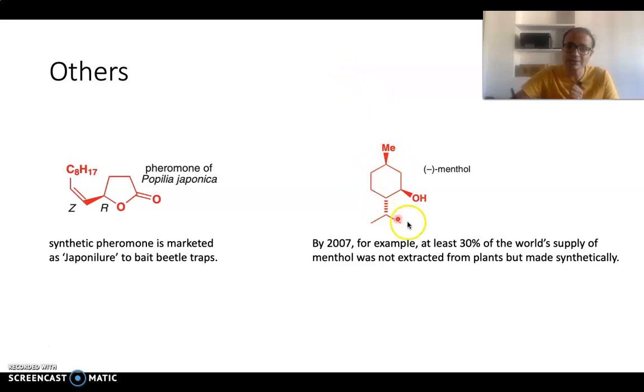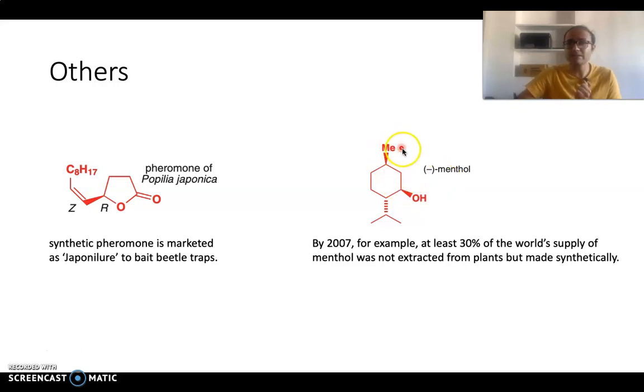Here I'll give you one more example: menthol. Many of the products that you use have menthol in them, and these days we are using a lot of menthol-based pastes and other commodities. You might think every time it is extracted from the plant, but that is not the case, because extraction from the plant usually gives very small amounts, so you cannot use it on a larger scale.